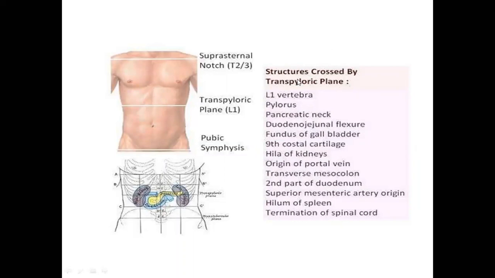The structures crossed by the transpyloric plane: L1 vertebra, pylorus, pancreatic neck, duodenojejunal flexure, fundus of the gallbladder, ninth costal cartilage, hilum of the kidney, origin of the portal vein, transverse mesocolon, second part of the duodenum, superior mesenteric artery origin, hilum of the spleen, and termination of the spinal cord.